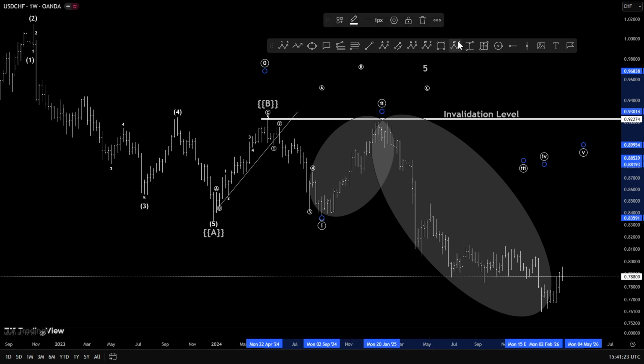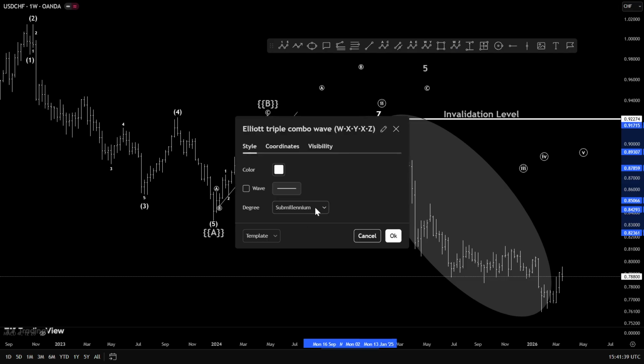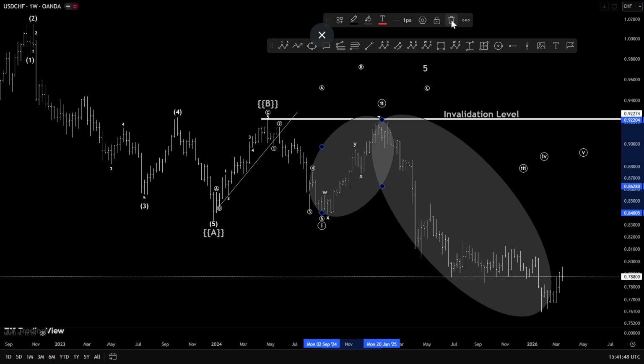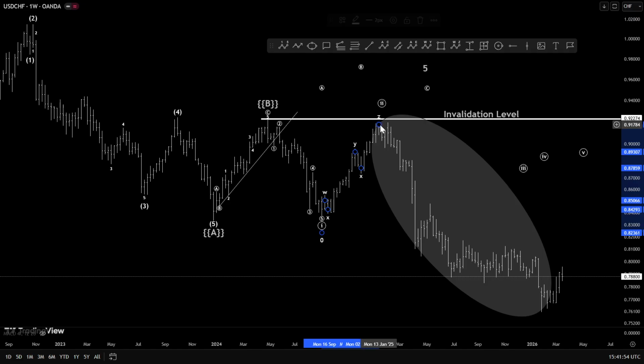Okay, it's a triple three pattern which is labeled WXYXZ, and there it is, which means we're quite done with these two. Let's roll it off. Can you see how we're spotting the trend going exactly as we predicted?